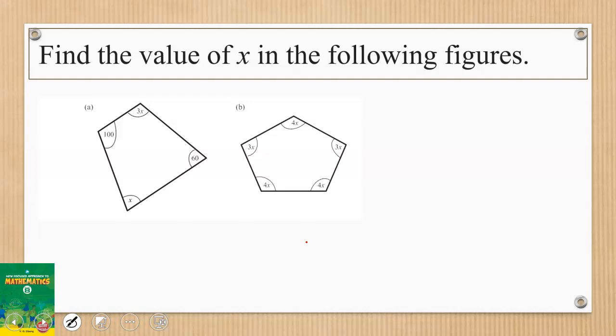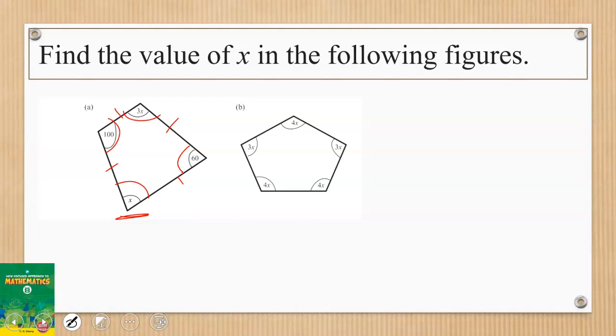Now find the value of x in the following figures. The first figure is this one. This figure is a 4-sided figure. It's irregular, but the sum of the interior angles of this polygon, because it's a 4-sided figure, must add up to 360.